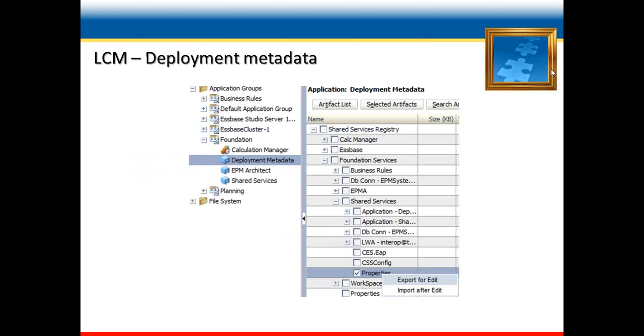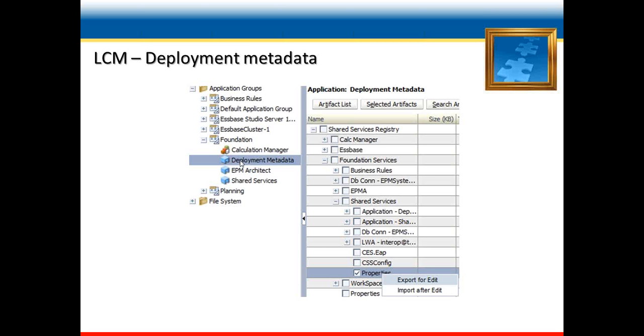So this is one section in LCM, deployment metadata. We can think of a particular server where we have Foundation Services, so that particular machine will have the deployment metadata that will be specific to the server or the environment, like host name or certain registry properties specific to the server environment.